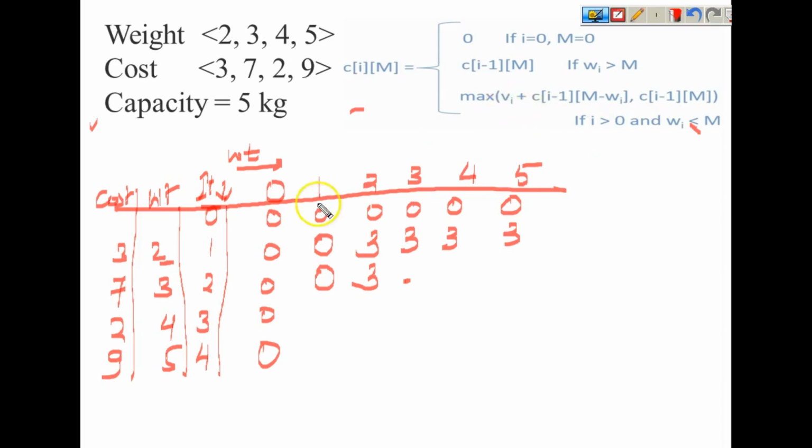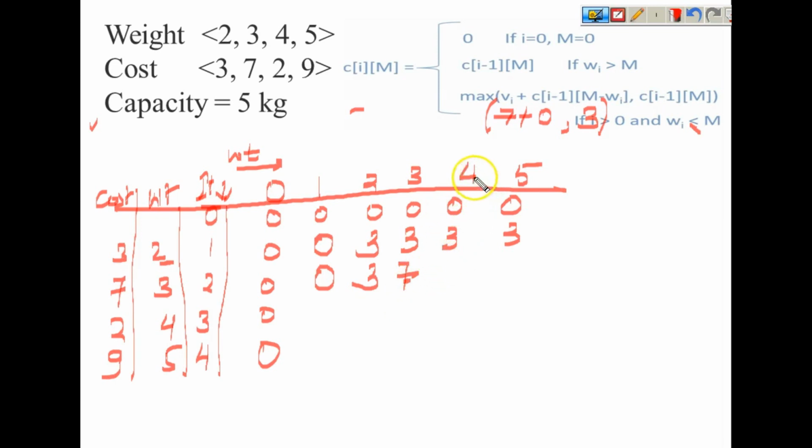The value of this item is 7 plus, the weight 3 minus 3 is 0. So we go to the previous row and look into this column at 0, this is 0, so you write 0, comma, and what is the previous value? The previous value is 3 here. So I need to decide the maximum of these two.